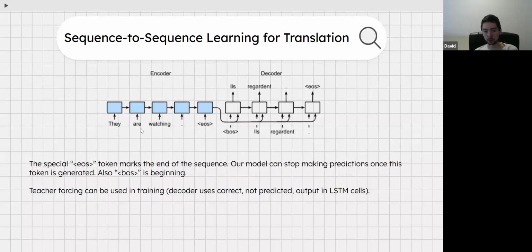We have a human create all the training data, the French translation, and we use the correct translation as the input to the next LSTM cell, even if the first prediction was incorrect. So even if this LSTM cell outputs garbage, we still use the correct translation in the next LSTM cell. That's teacher forcing. It's kind of optional, but it speeds up the training significantly, which is useful for sequential models.